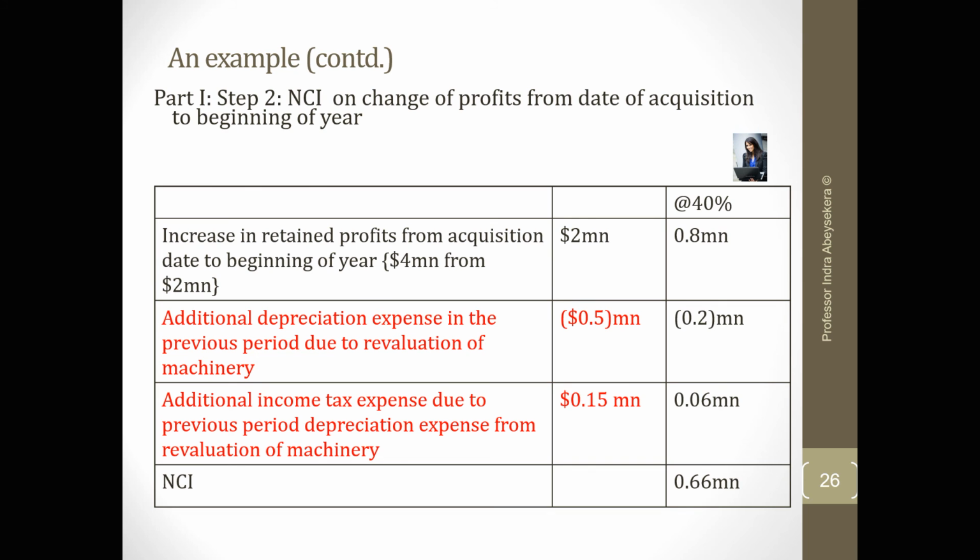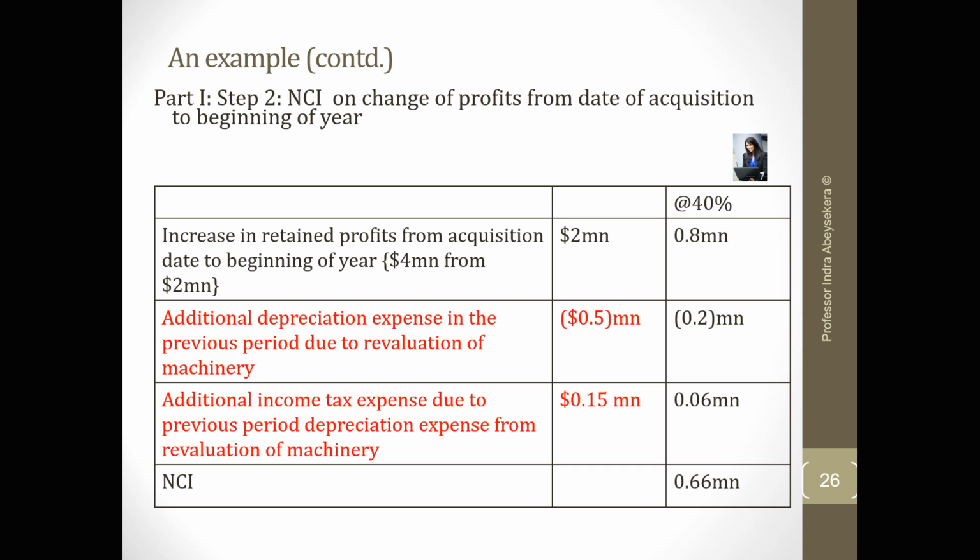In step 2, our starting point is the subsidiary's opening retained profits, which is the increase in retained profits. Opening retained profit was 4 million, but at the date of acquisition it was 2 million, so the change in profit was 2 million. There was no change in share capital or revaluation surplus in the subsidiary during that period. So we assign 40% of that to NCI.